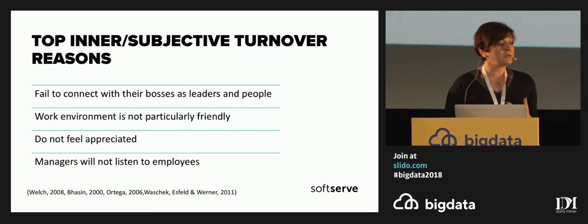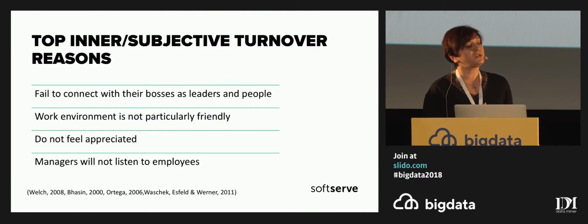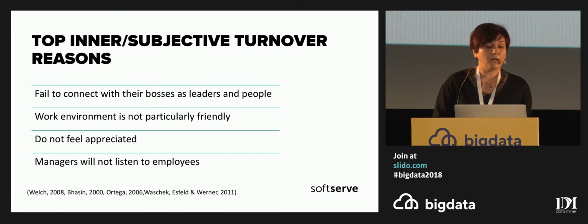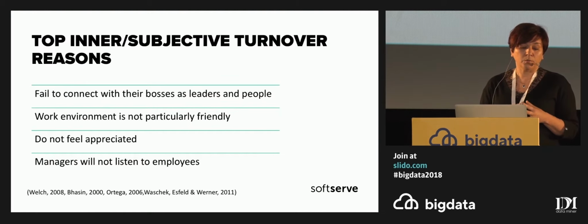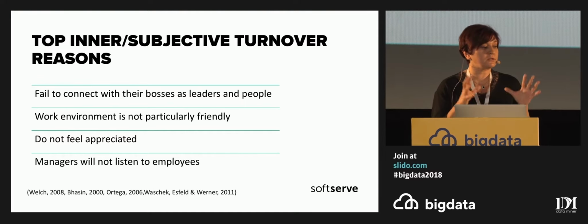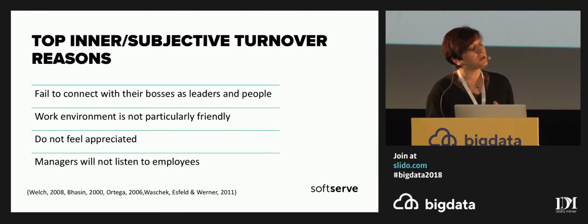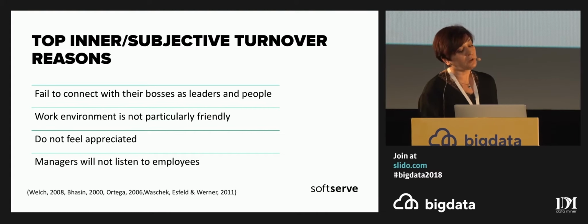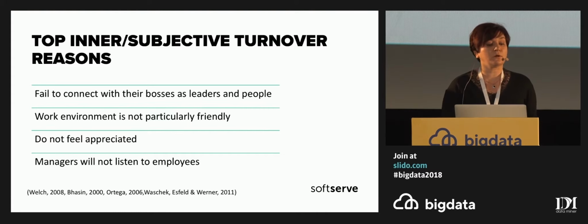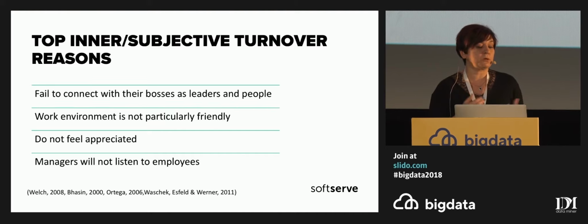So, as for inner or subjective turnover reasons, we can define the top 4 according to various researches. First of all, failure to connect with the bosses as leaders and people.